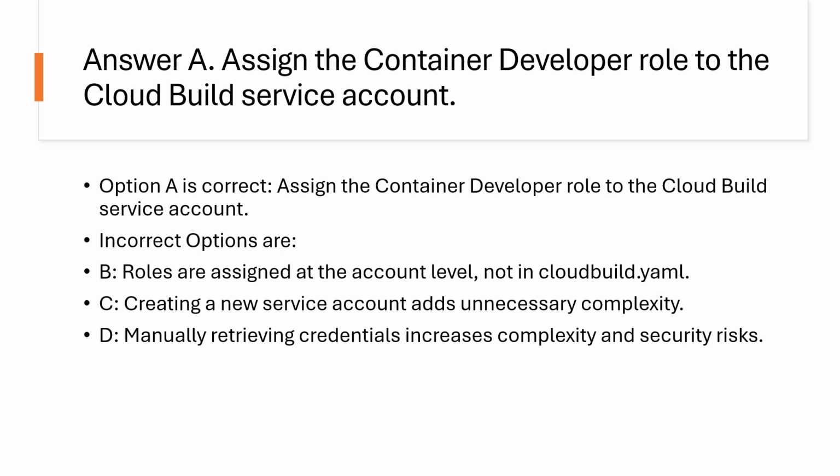You're creating and managing an extra service account when the default Cloud Build service account can be used. Option D, creating a separate step in Cloud Build to retrieve service account credentials, is also overly complicated and introduces potential security risks. The simplest and most efficient approach is to grant the required permissions directly to the default Cloud Build service account, as in option A.